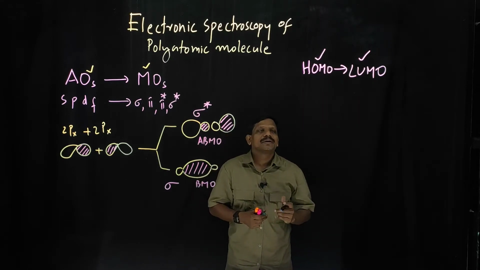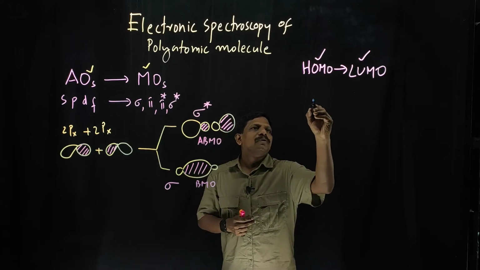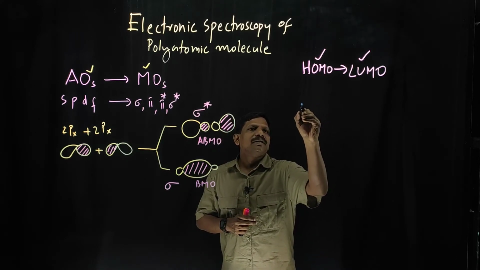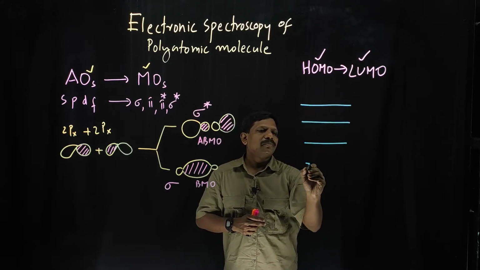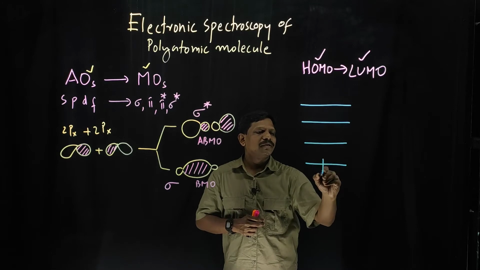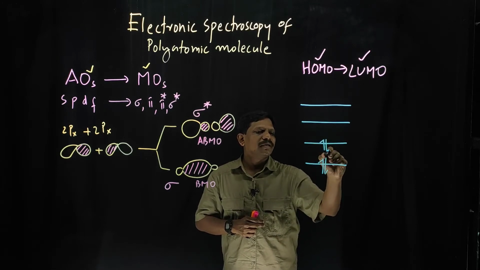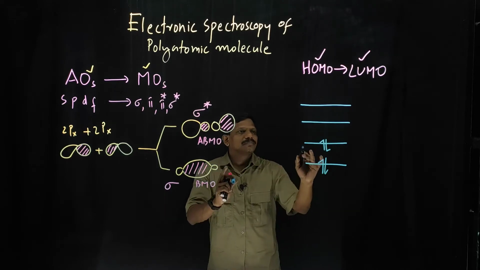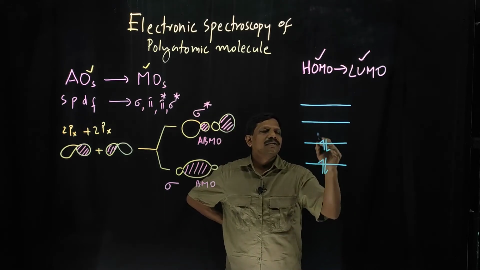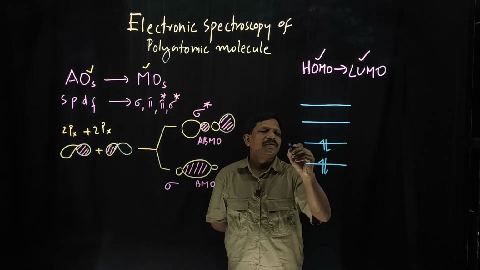Then we will see the HOMO and LUMO energy levels. I am drawing some energy levels here for a molecule, and the electrons present in the energy levels. Which energy level can you call the HOMO of this particular molecule?